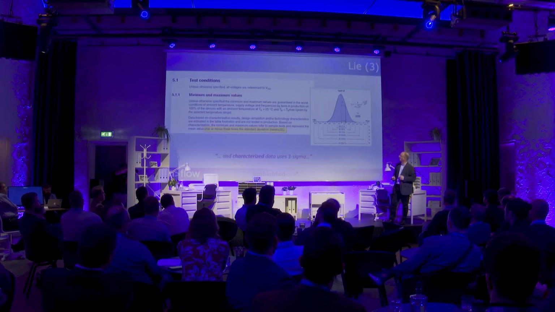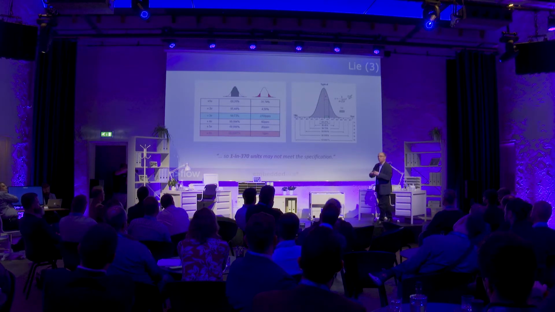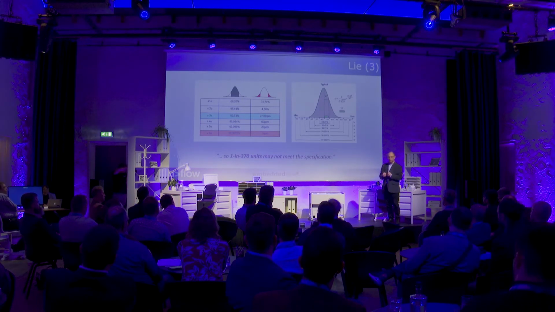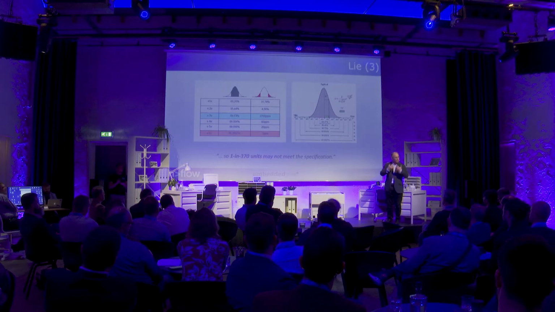How bad does it get? Well, 1 in 370 units may not meet the datasheet value by definition, because the datasheet value is a 3 sigma value. So you've scaled your battery based on datasheet figures which were characterized, and the figure in the datasheet is published to be the best possible, nicest value that makes you think that the microcontroller is fantastic at low power.